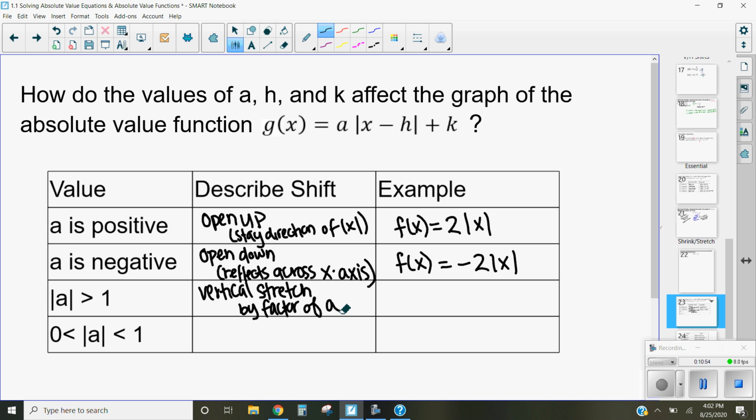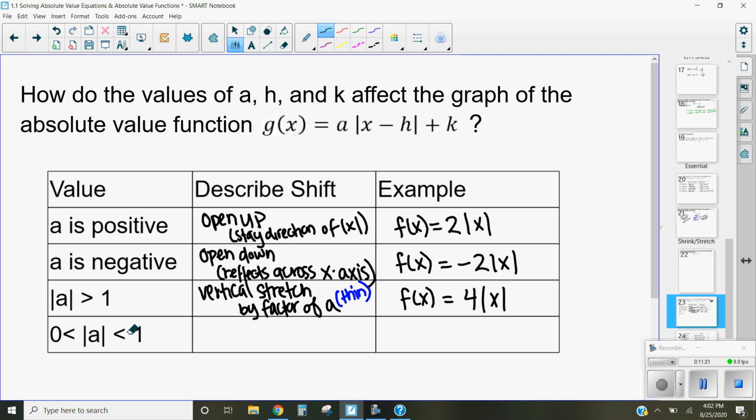So it's going to get vertically stretched, and vertically stretched means it's going to get thin, right? We're not going to shrink it, we're going to stretch it, and our function's going to get thinner. So an example that looks like this would be f of x equals 4 times the absolute value of x, right? Because the absolute value of 4 is greater than 1.